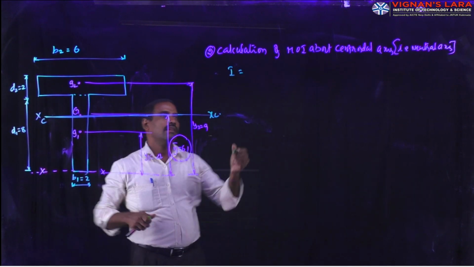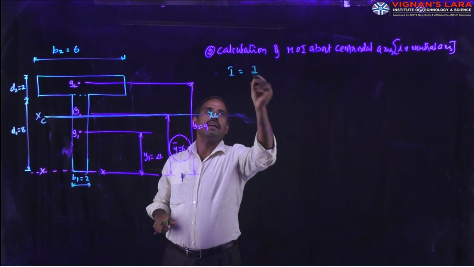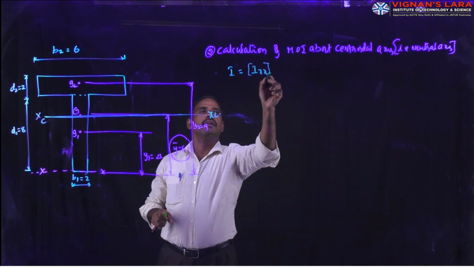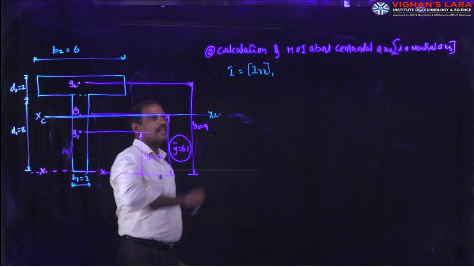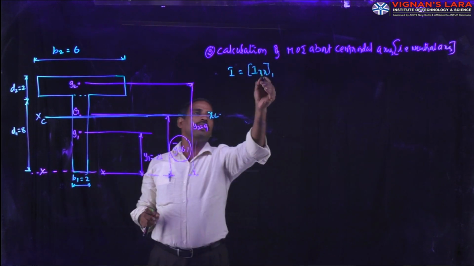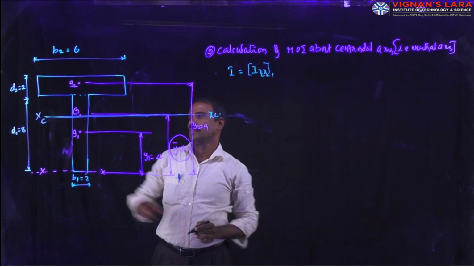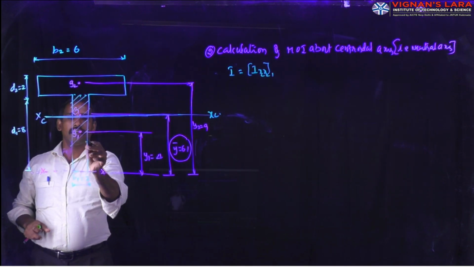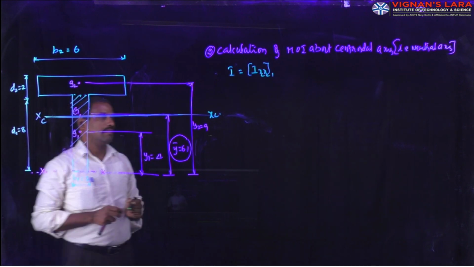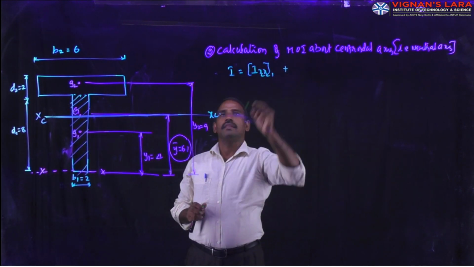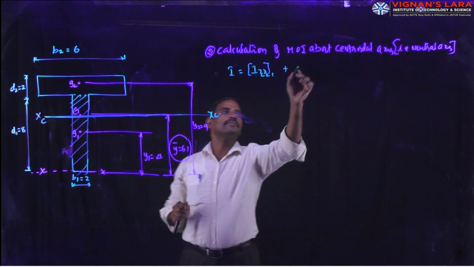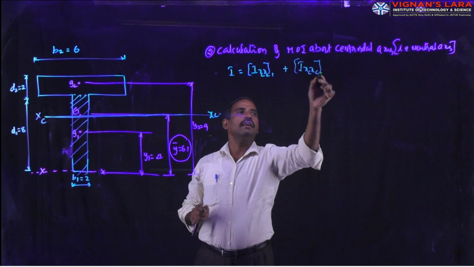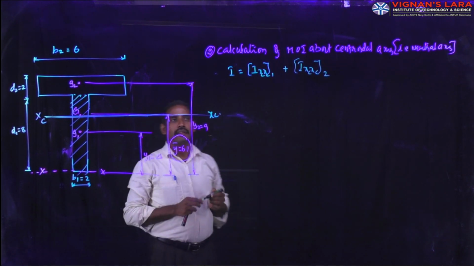For our convenience, the first is represented as IXX of 1. It means the moment of inertia of the first rectangle about the XC axis, plus the moment of inertia of the second rectangle about the XC axis. This is the formula.